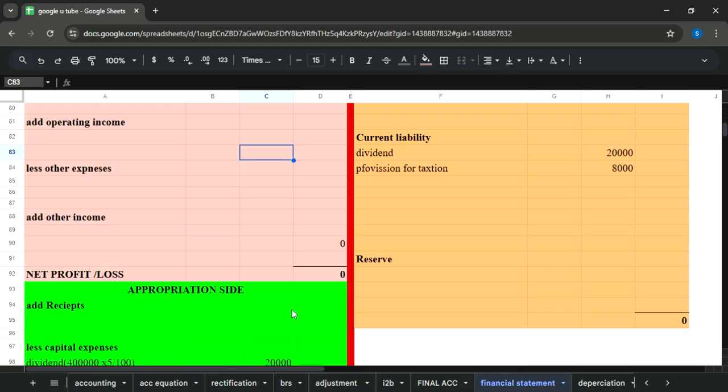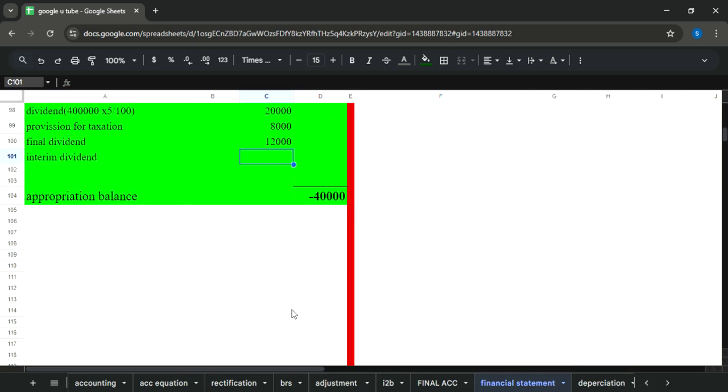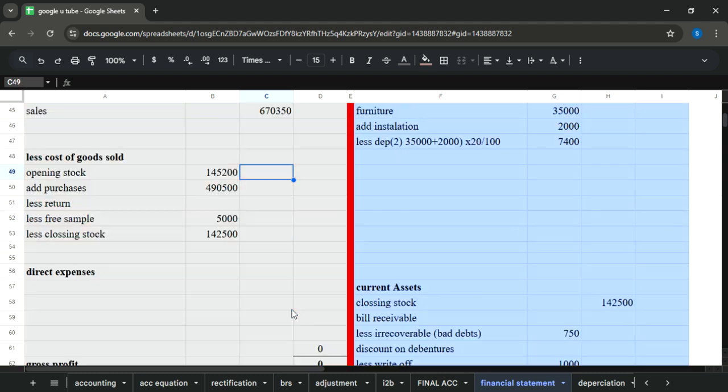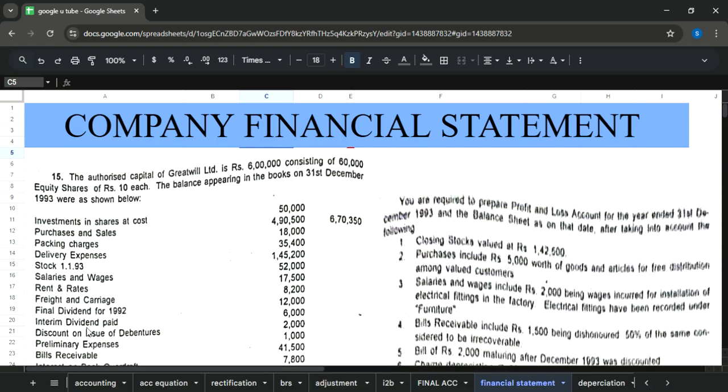Although it is not correctly aligned, and that would be a great problem, because a single amount, if we have written in a wrong way, we will have to search whole of the question to see which amount has been written in a wrong way. So we have written interim dividend, that is 6,000. Okay, let's see what next is.